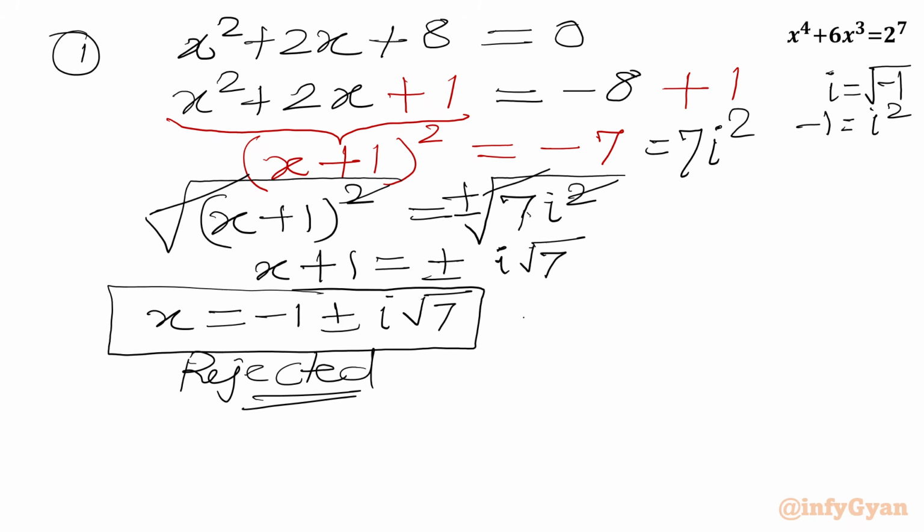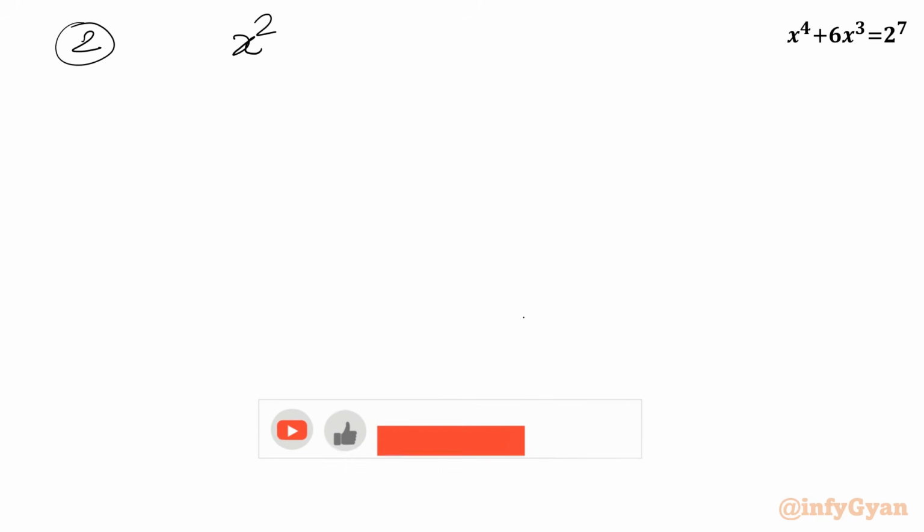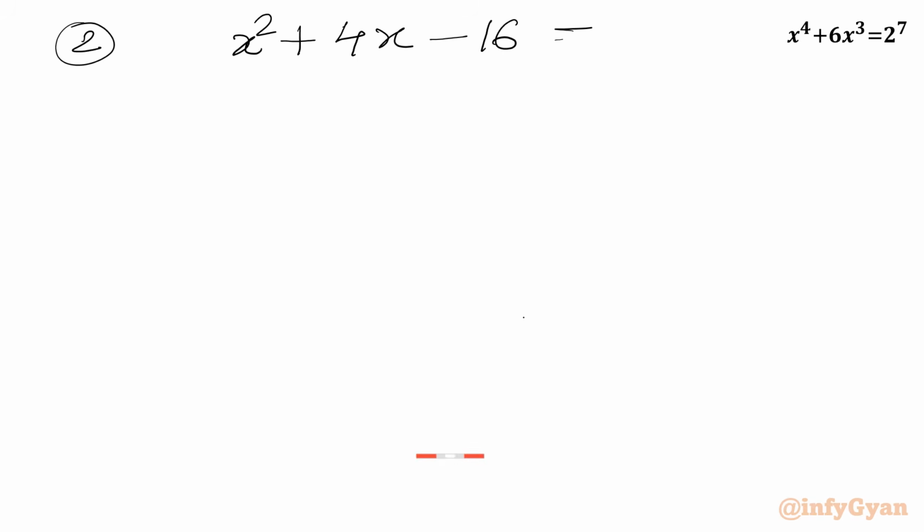Now we will consider our second equation, x square plus 4x minus 16, and I am writing the minus 16 to the other side, x square plus 4x equal to 16.